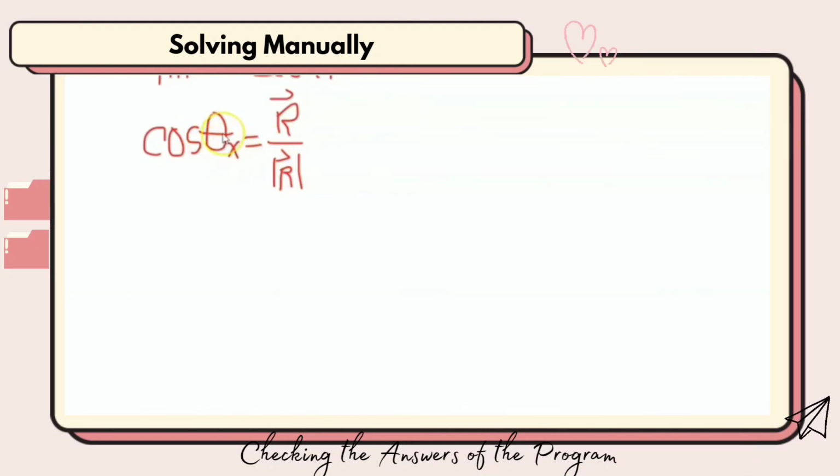Now we will use the formula cosine theta x equals vector Rx divided by the magnitude. Since we are getting the angles for the vector, we'll be using inverse cosine.